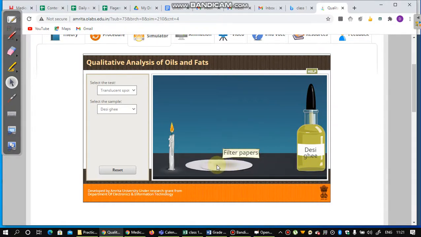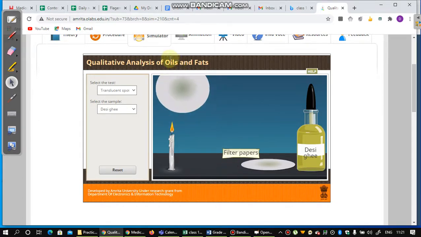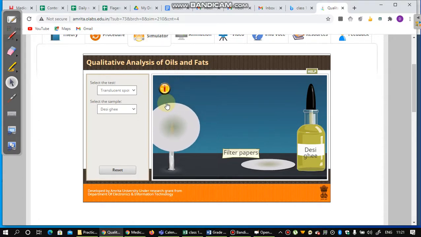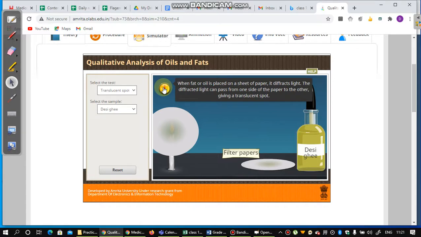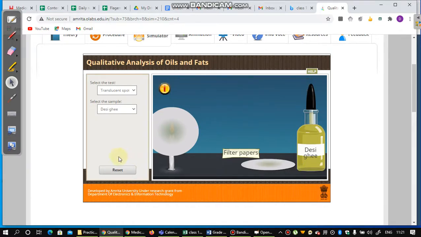Then we just observe it in the presence of a light. If you observe it, then the flame of our candle is easily visible. This shows that when fat or oil is placed on a sheet of paper, it diffracts the light. The diffracted light can pass from one side to the other side.